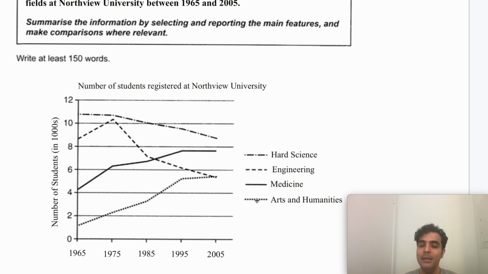So one way I can solve this problem is by writing one paragraph for hard science and engineering and writing a separate paragraph for medicine, arts, and humanities. Remember, this is only one possible way of solving the problem. You could come up with another reasoning or method of classification.